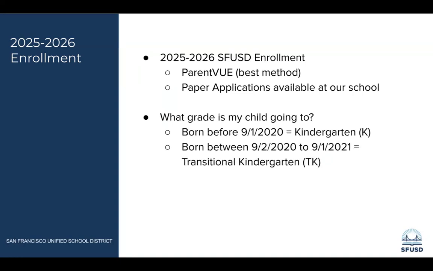If they're born between September 2nd, 2020 to September 1st, 2021, they will be going to transitional kindergarten.